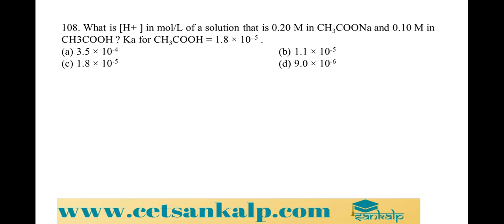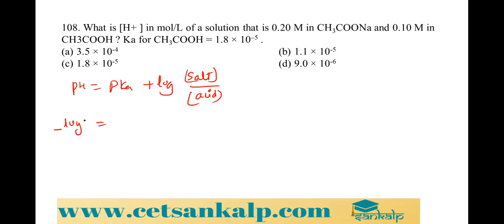We know an equation: pH is equal to pKa plus log of salt divided by acid. So that is equal to, pH means minus log of H plus ion concentration, equals minus log Ka minus log of salt by acid.